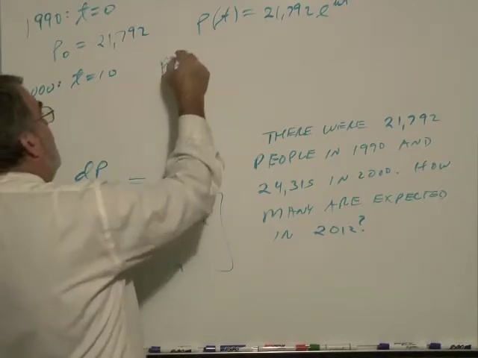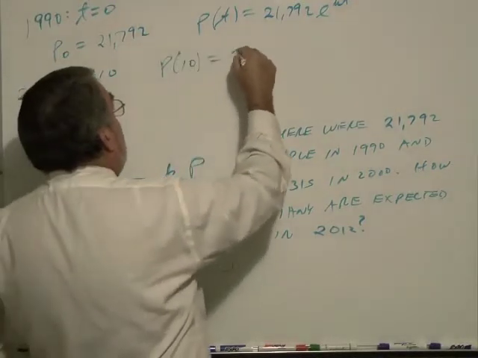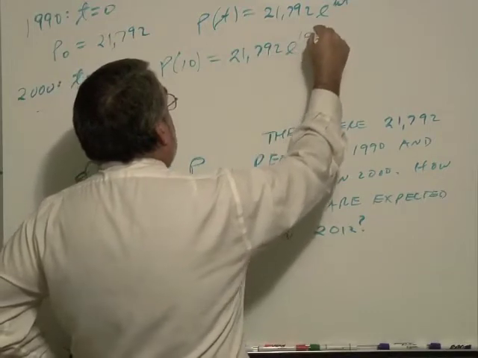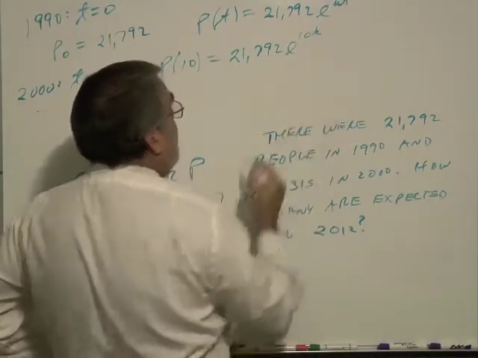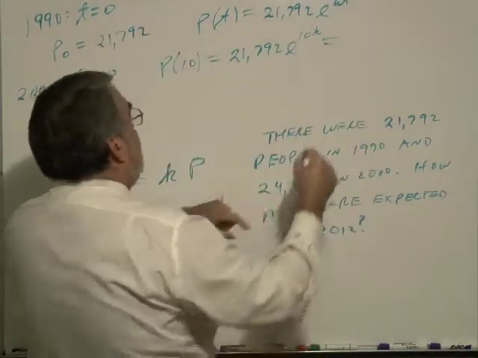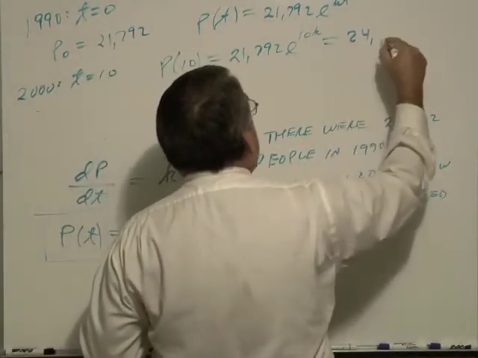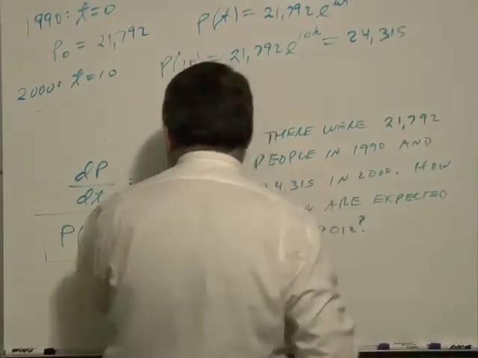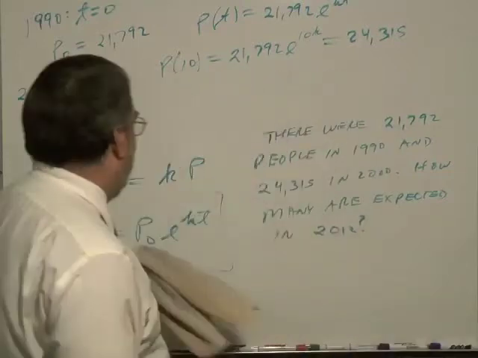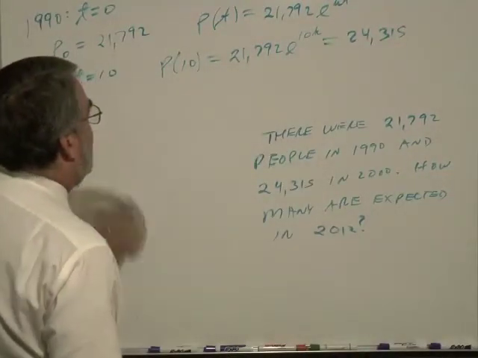So P at 10 would be 21,792 e to the 10k. So replace t with 10, 21,792 e to the 10k equals this number, 24,315. So, see what I mean? I have to do a lot of erasing on this little board to fit these problems in.